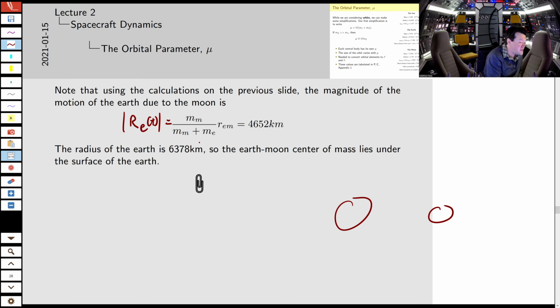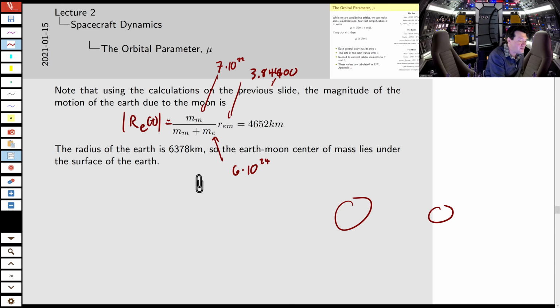And it turns out it's non-trivial, right? We just take these numbers from the previous slide. The mass of the Moon is approximately 7 times 10 to the 22, the mass of the Earth is approximately 6 times 10 to the 24th, and the distance between them is approximately 384,400, so about 384,000 kilometers.